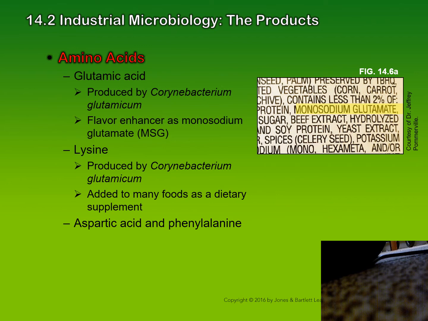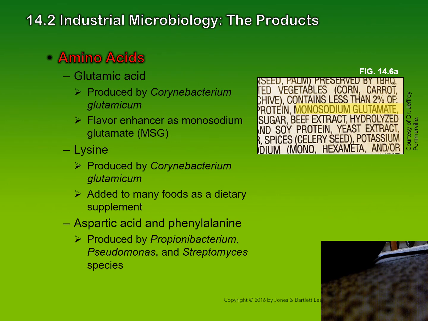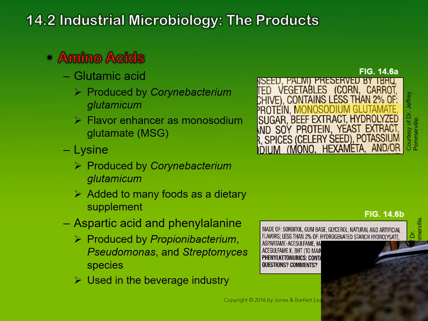The last two amino acids, aspartic acid and phenylalanine, are produced by Propionibacterium, Pseudomonas, and Streptomyces species.